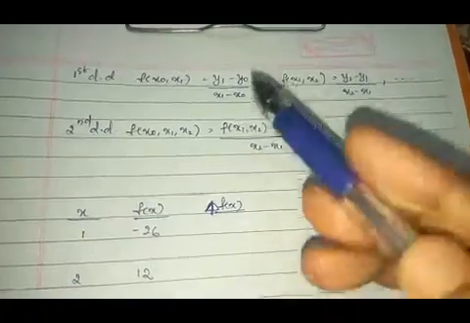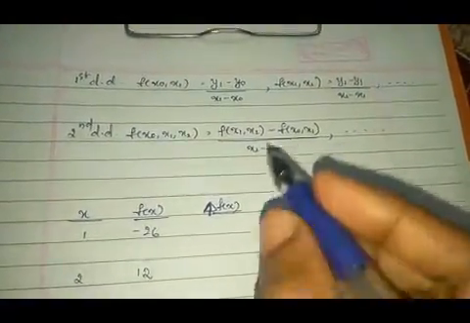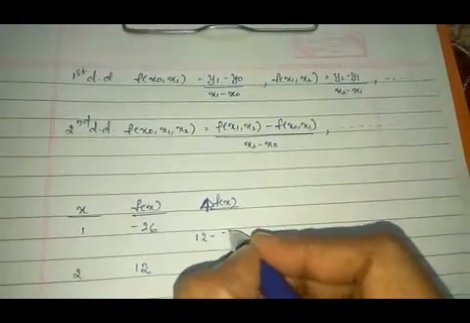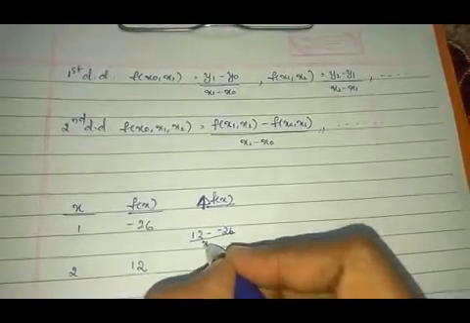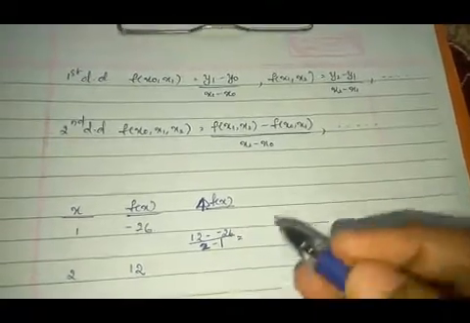So y1 minus y0 by x1 minus x0, that is 12 minus 26 divided by 2 minus 1. This is how we will find the divided difference.